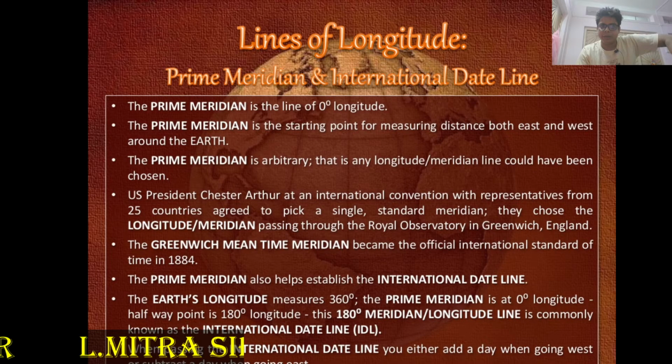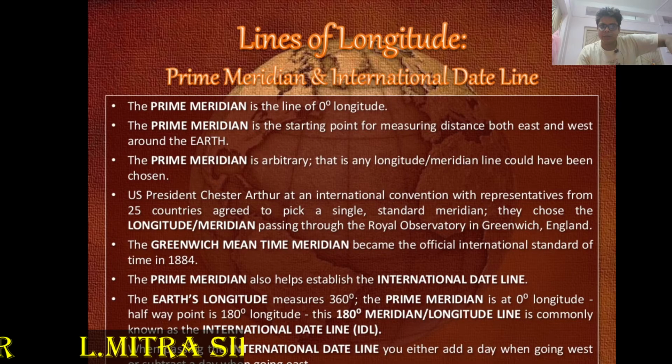The prime meridian is the starting point for measuring distance east and west around the earth. It divides the earth into the eastern and western hemisphere. The prime meridian is arbitrary; any longitude line could have been chosen.